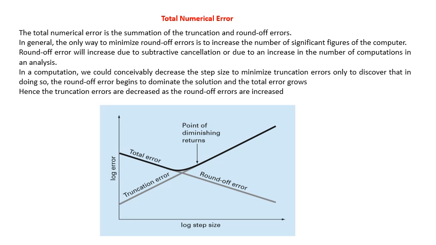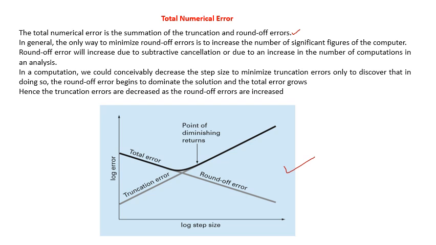But whether it is always desirable to have a very small step size in order to reduce the truncation error, we will see with the help of this diagram. Okay, so the total numerical error is the summation of truncation error plus round off error, that we know. In general, the only way to minimize the round off error is to increase the number of significant figures of the computer, and round off error will increase due to subtractive calculation or due to increase in the number of computations in an analysis.